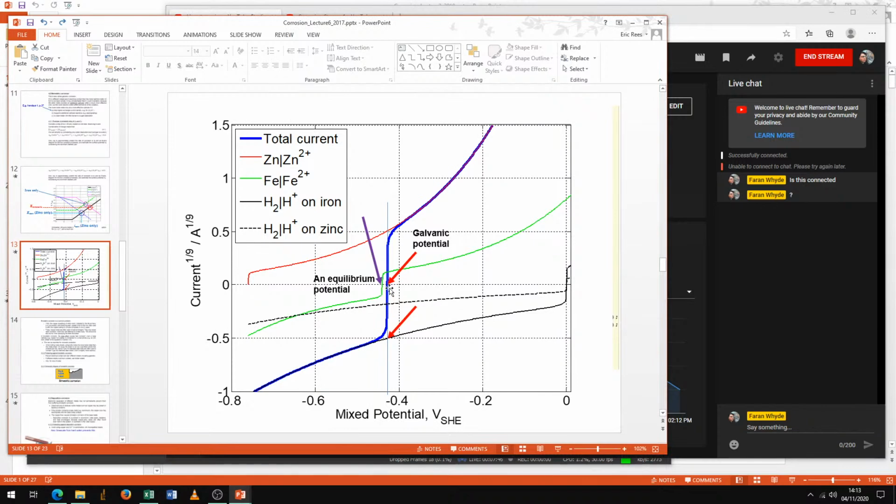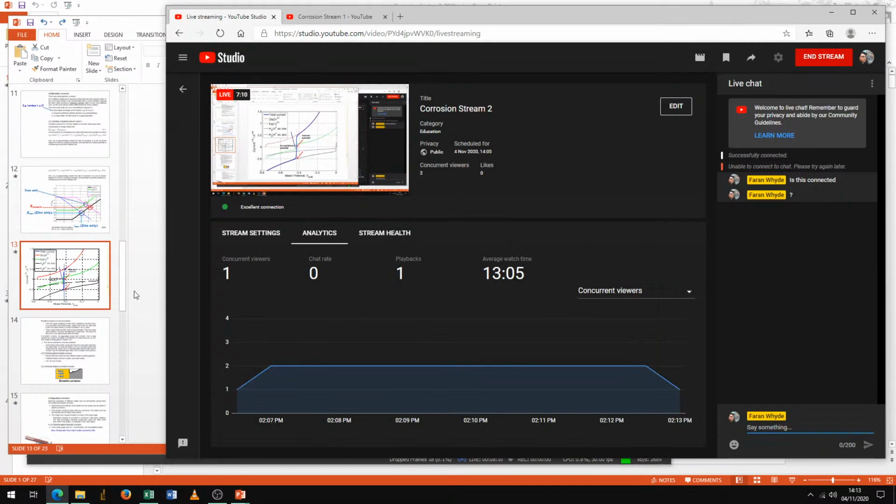Where the blue line gives you 0 total surface current density, that's the galvanic potential, and your criterion for whether your metal acts as an anode is simply that every metal which has an equilibrium potential more negative than the galvanic potential, which is both of them in this case, is expected to act as an anode. Okay, so that's your graph for galvanic potential.